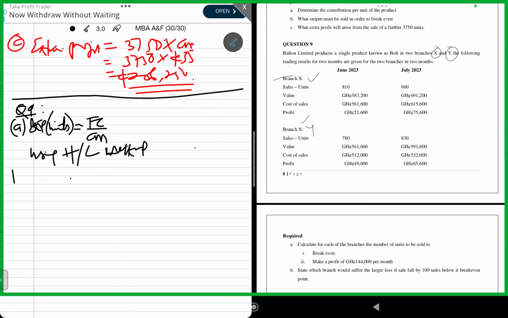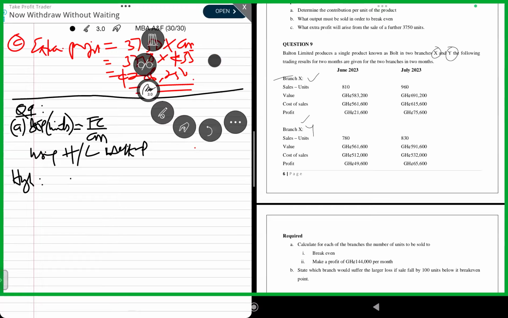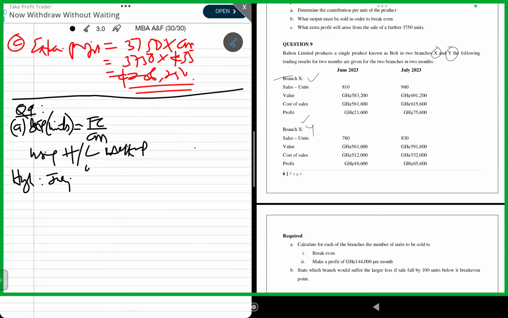Between June and July, which one had higher units for branch X? July. So July units, then the costs. What is the unit for July? We have 960. What is the cost?